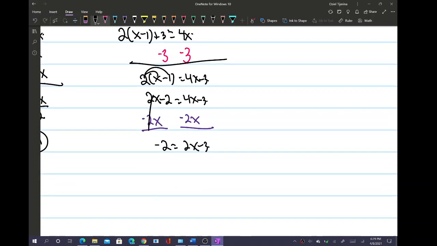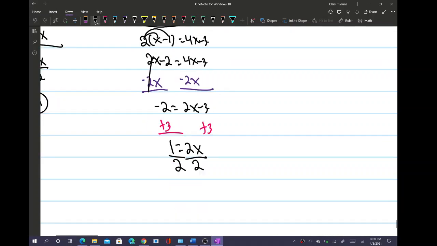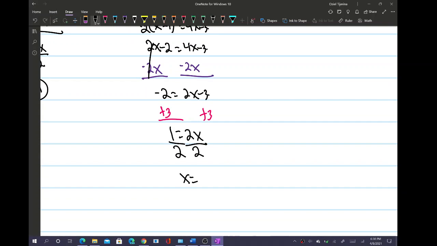Then you add 3 on both sides, and you get 1 equals 2x. So you divide by 2 on both sides, and you get x equals 1/2, right?